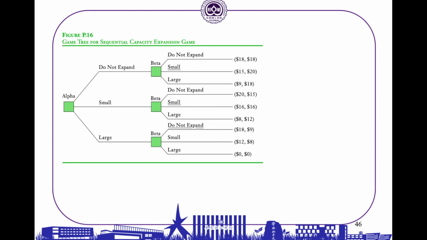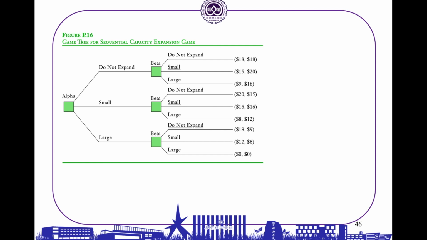For every timing of decision making, there is a knot, the green square in figure P16, which indicates who makes the decision, which is the player, and what choices there are, which are the actions. There are different definitions and meanings for strategy and action in game theory. Here we do not give a detailed explanation.